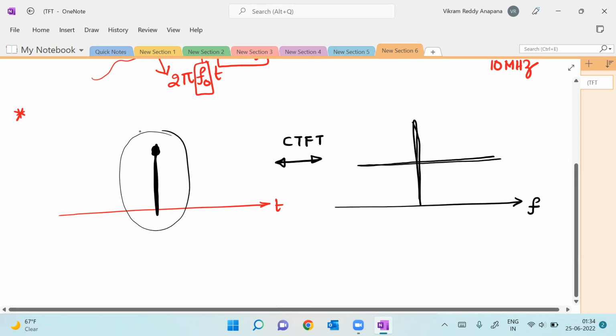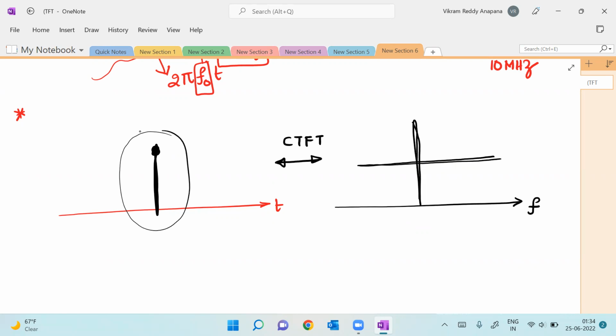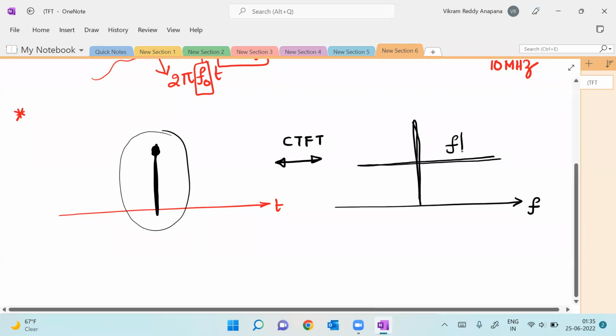We can consider that clap as an impulse function. If you're interested in the frequency components of this impulse function, the spectrum is flat, like this. It is flat for all the frequencies.